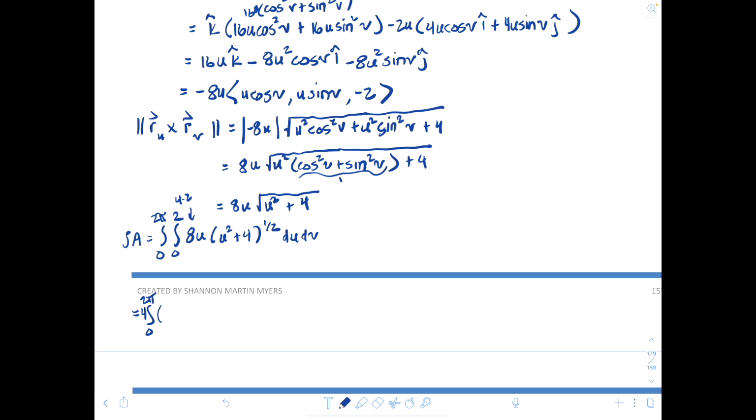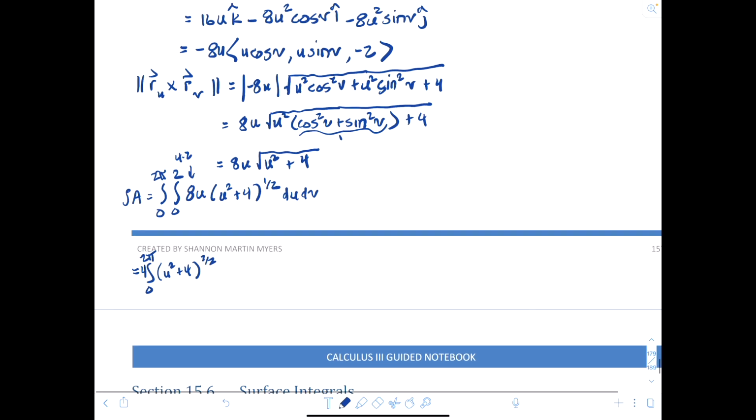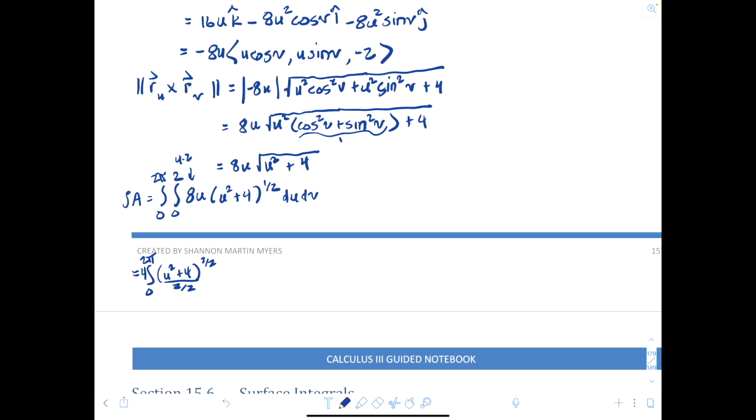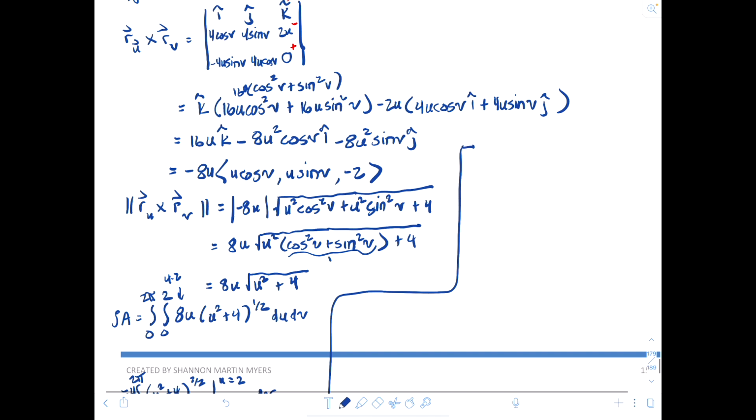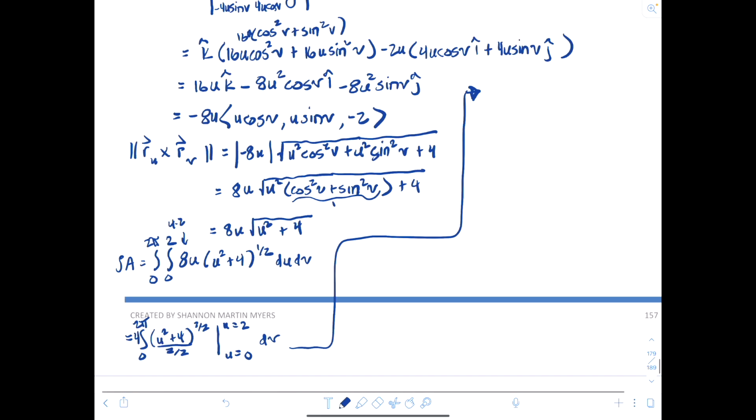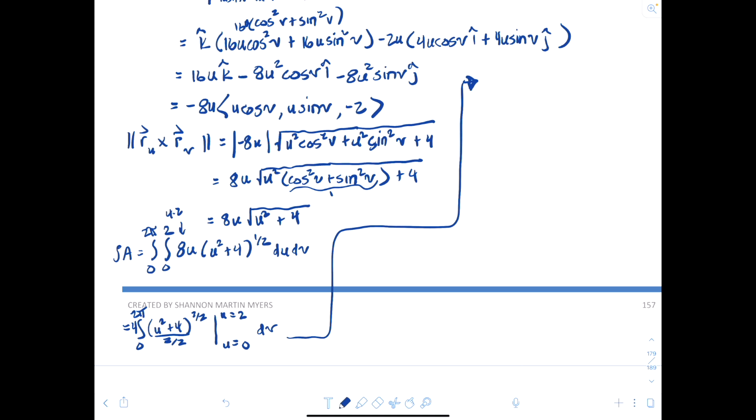So I'm going to get u squared plus 4 to the 3/2 divided by 3/2, and then that's going from u equals 0 to u equals 2, and we're still going to have to take care of the dv. So now, multiplying by 2/3, we're going to end up with 8/3 on the outside.